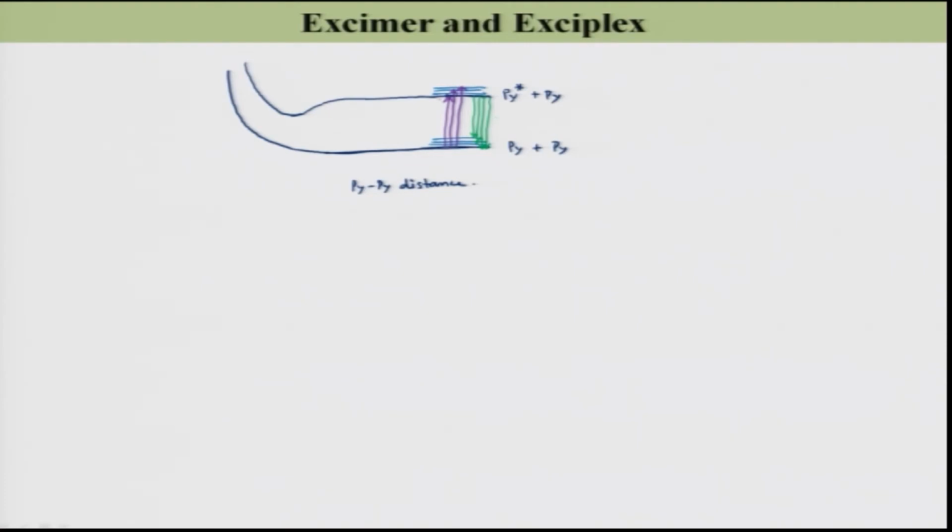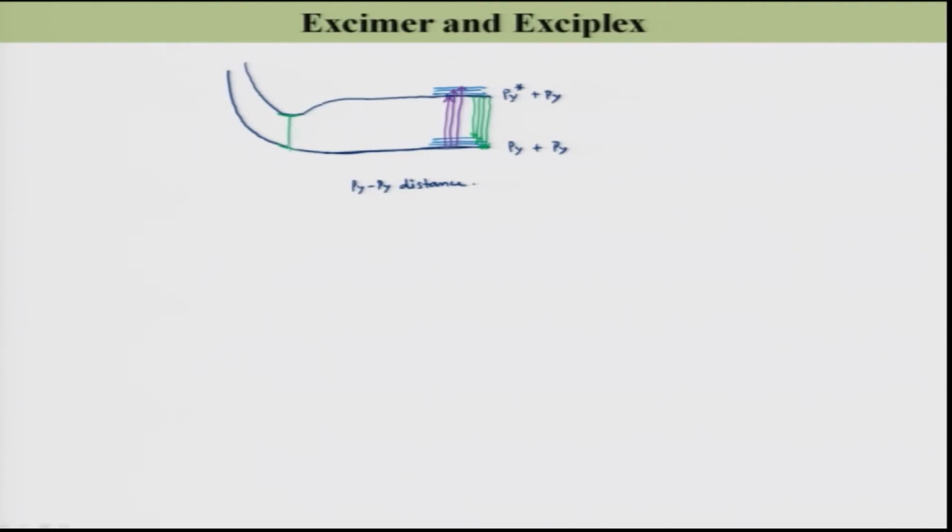However, when the pyrene distance decreases and you come to this stage, the immediate ground state is not stable at all. Once it forms, it immediately breaks.